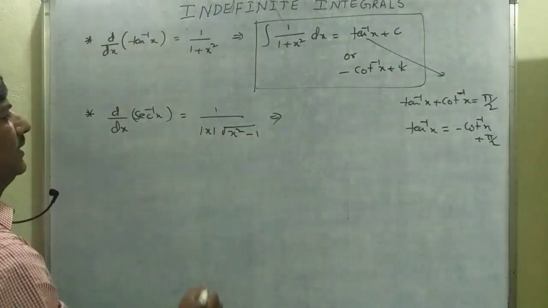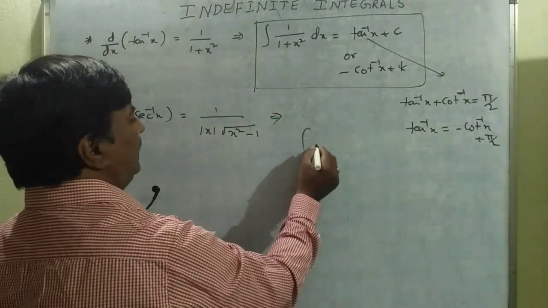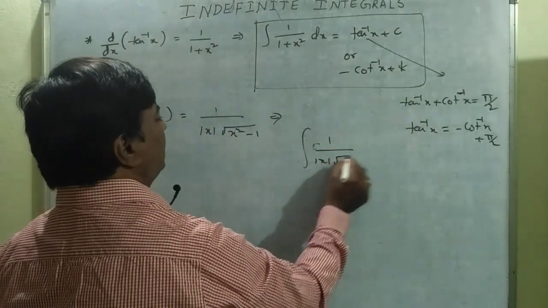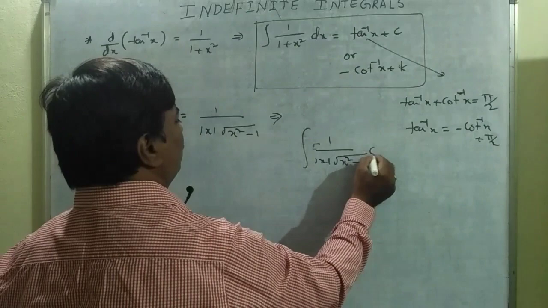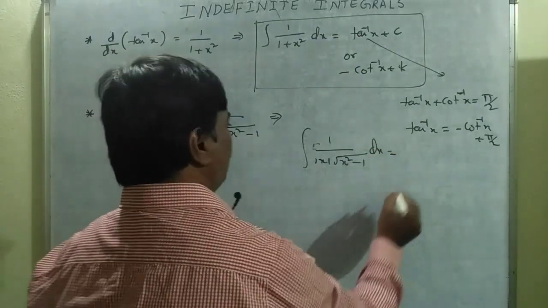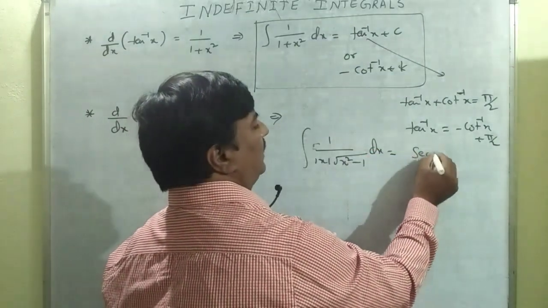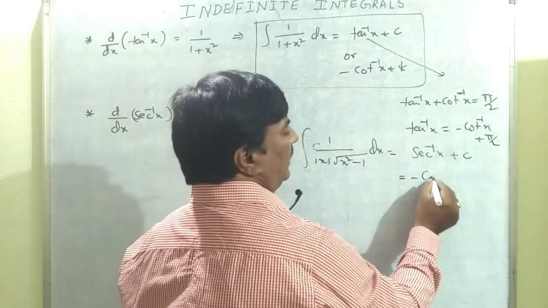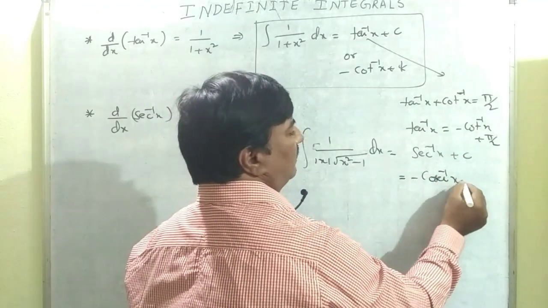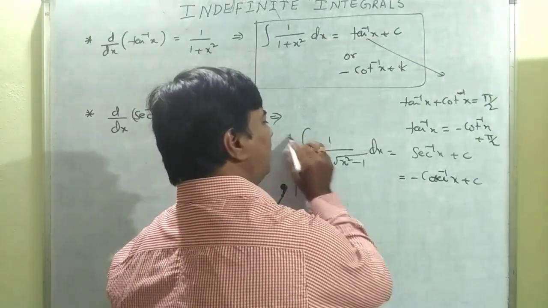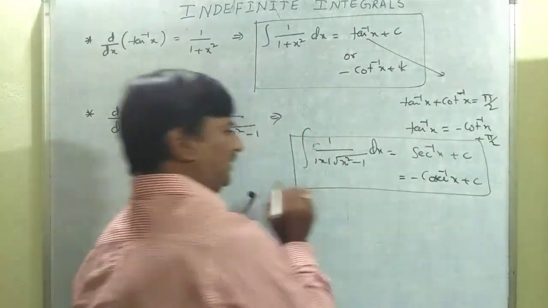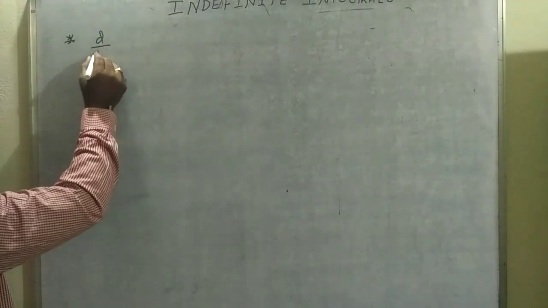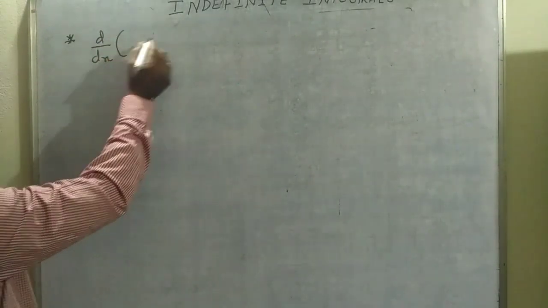So the integral of 1 by mod x root of x square minus 1 dx is equal to secant inverse of x plus c, or we can write minus cosecant inverse of x plus c, in the same form as before. Understood this one.